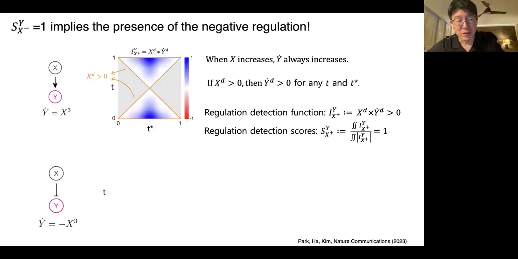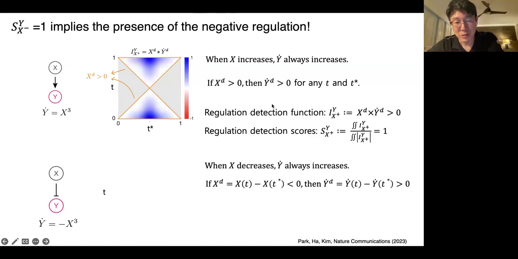We can do a similar thing for the negative regulation. In the negative regulation case, the above statement is slightly changed. Whenever x decreases, y dot should increase. So if we change the above inequality, you can see that if the x difference, xt minus xt star, is negative, then y dot t minus y dot t star should be positive.